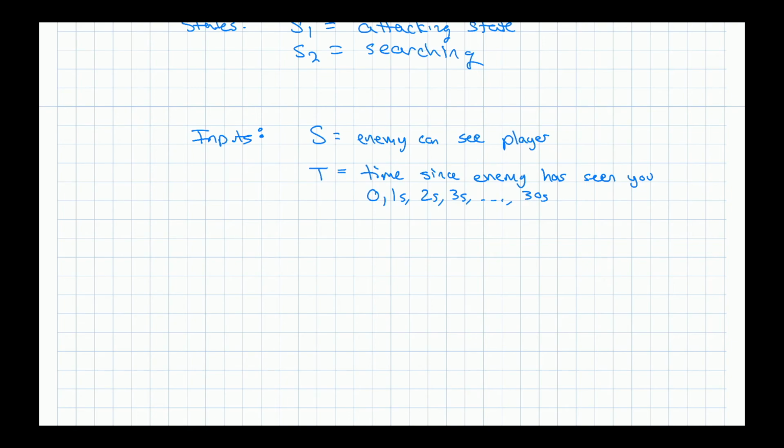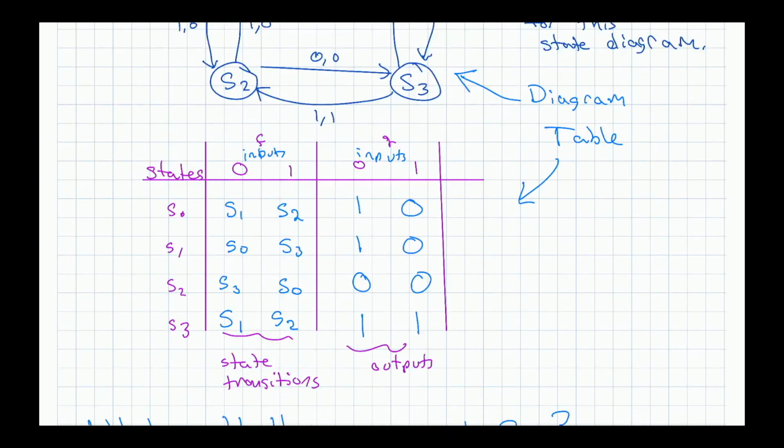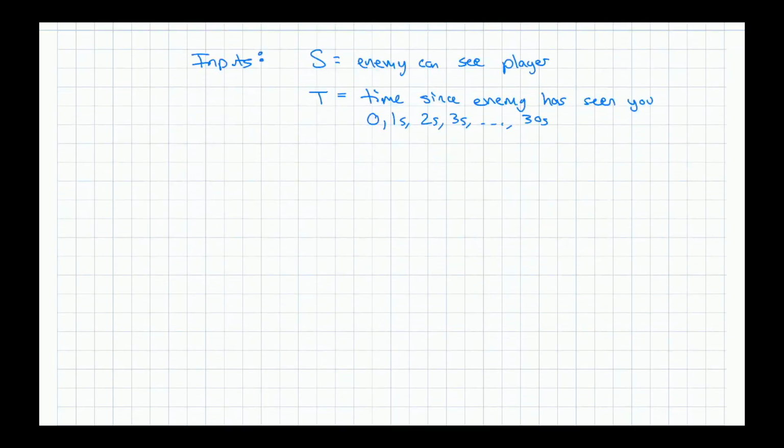Because if you did that, then when you write your state table, instead of having 0 and 1, you would have 0 through 30. So I'd have to draw 60 columns. So maybe what you would do is say time since enemy has seen you is less than 30 seconds or greater than or equal to 30 seconds. Just two inputs there.